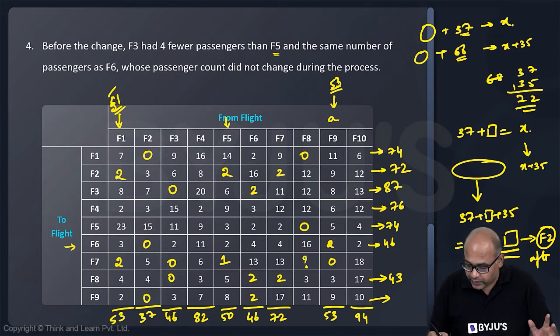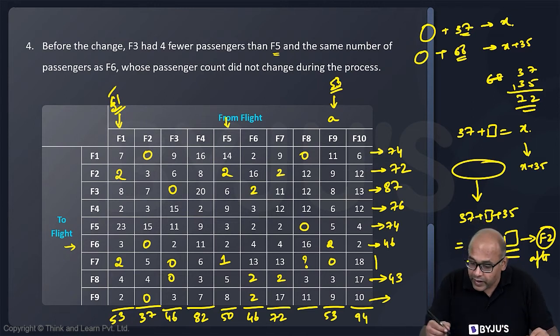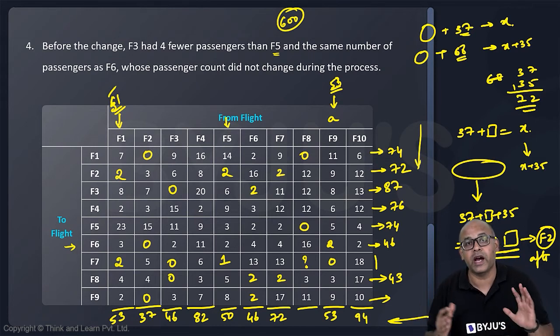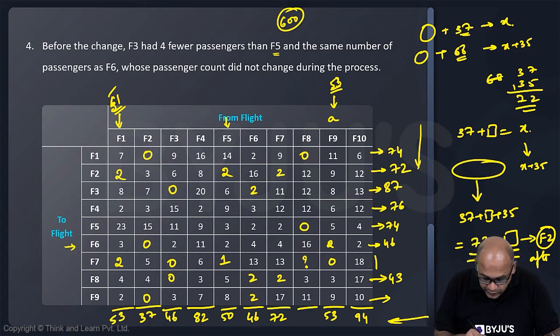Now, how do you do that? Because with this horizontal and this vertical over here, we can't get the answer. But there is a neat way to get the answer. We have to use the total number of people as 600. So either you take the total vertical addition, the columns addition, or the total rows addition. The sum should add up to 600. So let's take a look at what the value is right now.